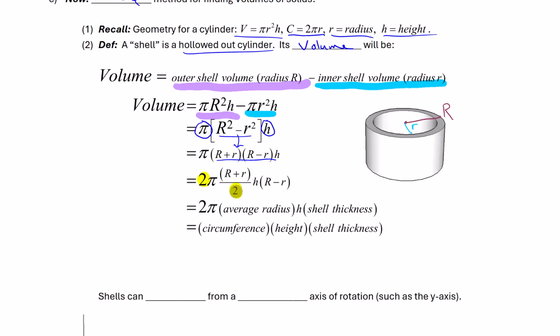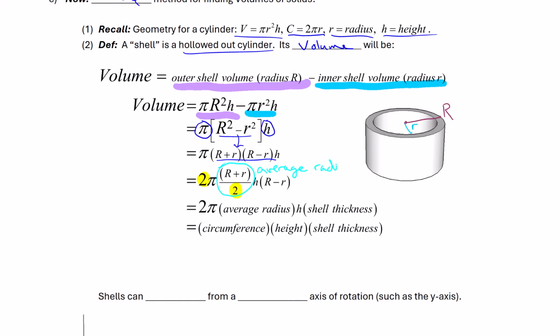I'm canceling out what I've done here, but why would we even try this? Well, because what it does is create in one of these factors here, capital R plus lowercase r over 2. And you may say, well, what's the point of that? Well, that's just a convenient way of writing what we call the average radius.